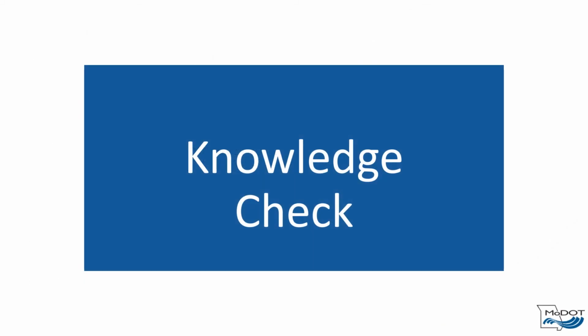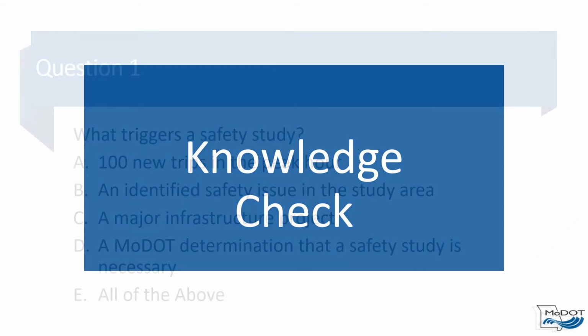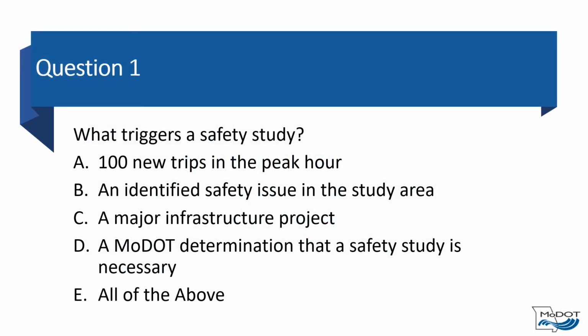Time to see what you know. Question 1. What triggers a safety study? A. 100 new trips in the peak hour. B. An identified safety issue in the study area. C. A major infrastructure project.